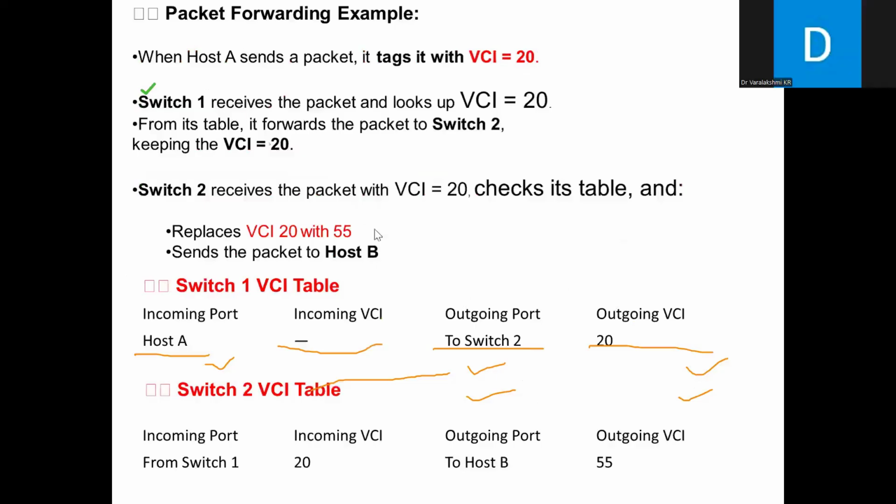This is just a simple scenario I have taken to make you understand how packets will be transferred. Now I want to transfer a packet. This is the topology I have taken. When host A wants to send a packet, it tags it with VCI 20, as shown in the previous example.